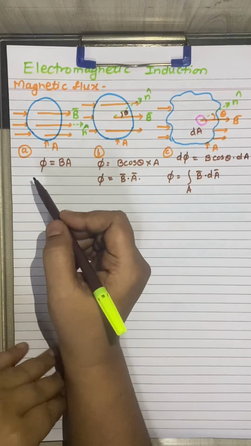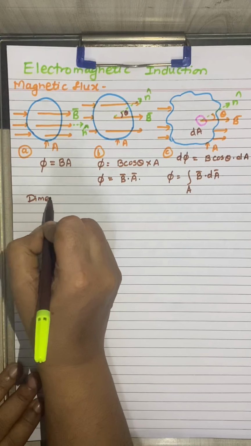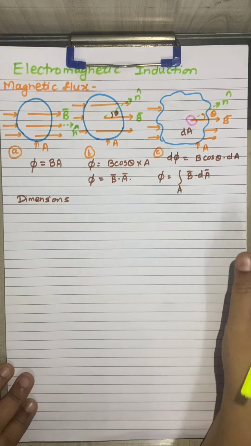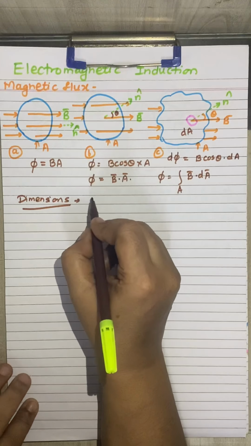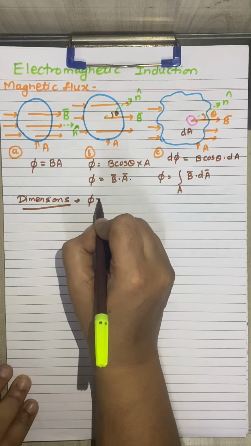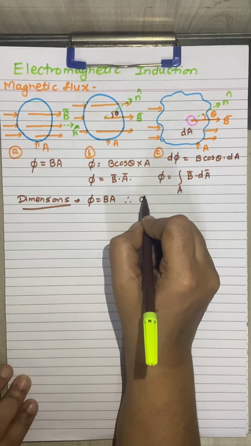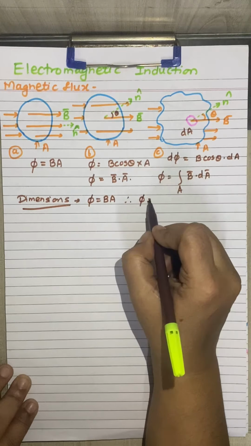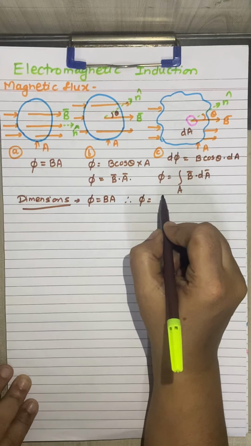Now dimensions of phi, we want to find out. Phi is equal to BA, and B we are going to consider in terms of the force, F equals BQV sin theta.